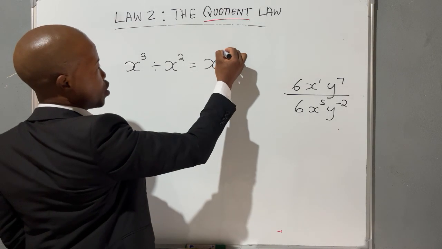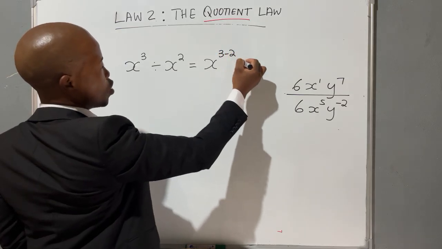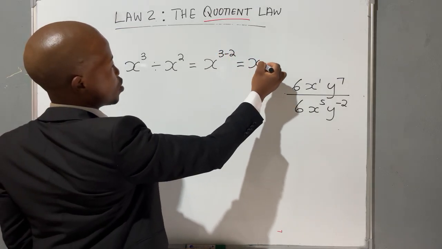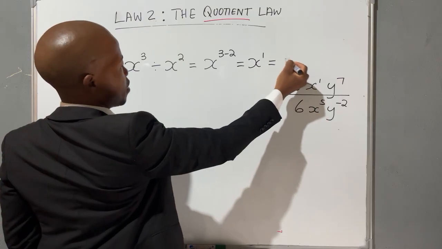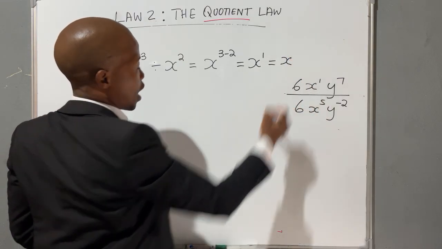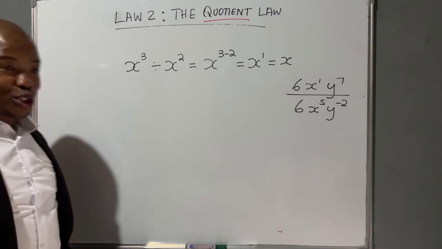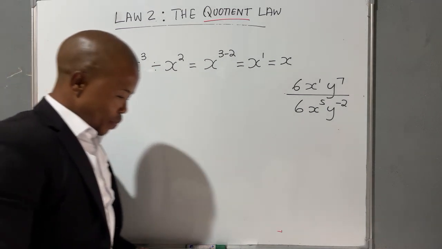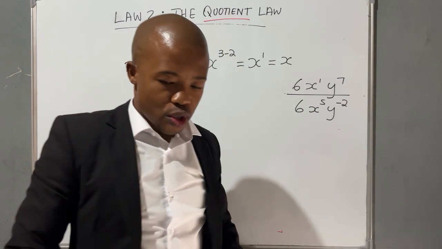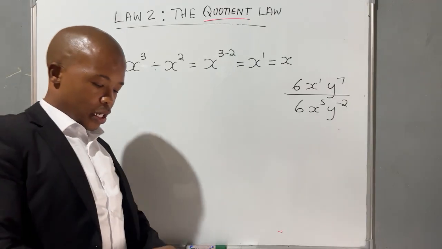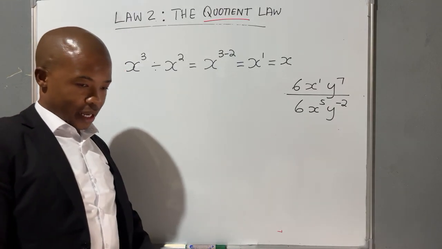In this case, it's going to be 3 minus 2, and then you have x to the exponent 1, which is just the same as writing it as x. Are we together?